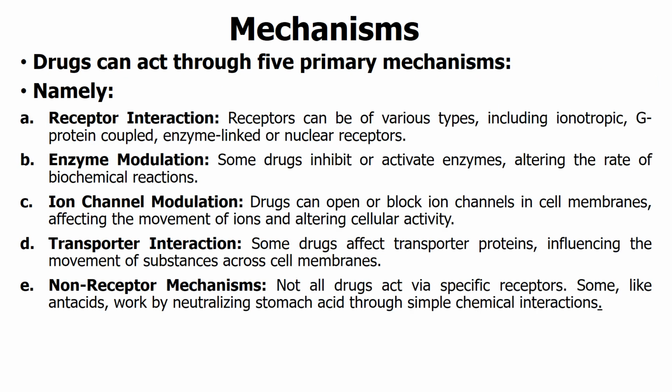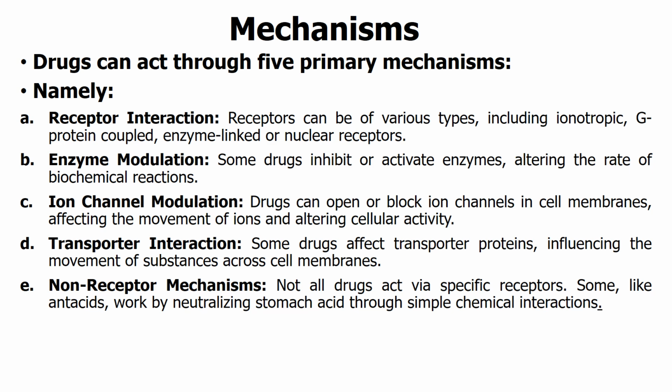Now, you want to know what are the 5 mechanisms, or how do drugs achieve their desired effects. That question can be answered by considering the 5 major means by which drugs interact with substances to achieve the desired effects.